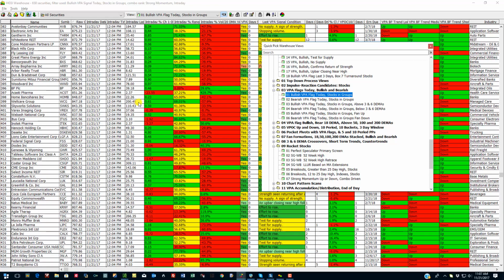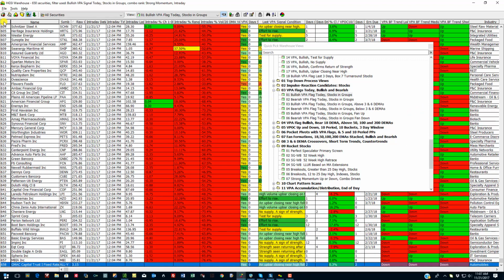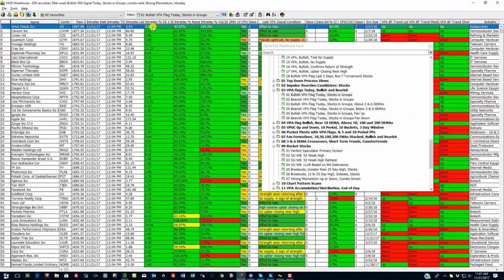But look at all the green here, mostly green, and I'm clear down into the 400 range down here. So if you fail to look at these other groups, and I understand you can't look at too many or it'll drive you crazy, but I've just given you a variety of views, and you pick your own.